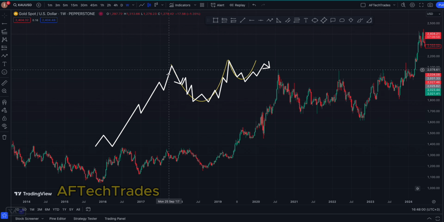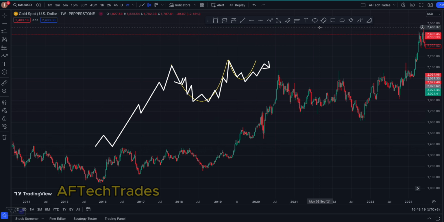I'll give you the rules for measuring this. You have a dip that is cup shaped. The rule is that this dip here should not be more than 50% of this run.